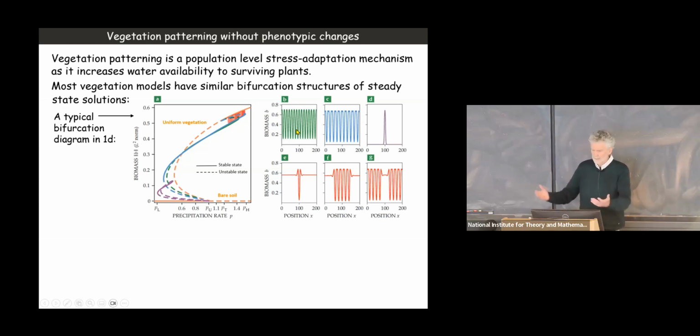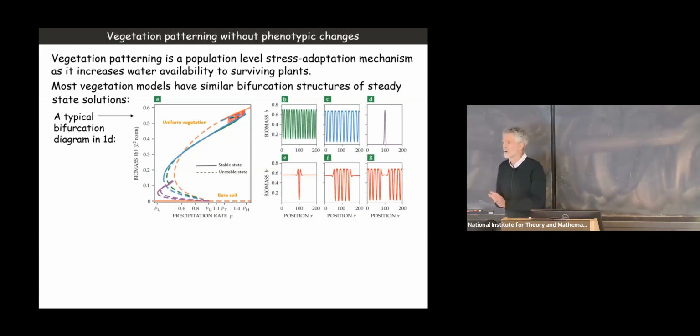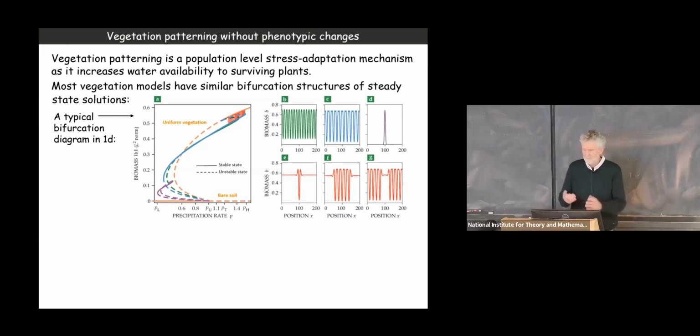And there are additional periodic solution branches as we decrease precipitation. Actually, many of these, here I plotted just two, culminating in a single patch solution in the finite system that we are considering. In addition, there is a bistability range of uniform vegetation and periodic patterns where we have localized patterns. This is the story of homoclinic snaking, for whoever knows about that.